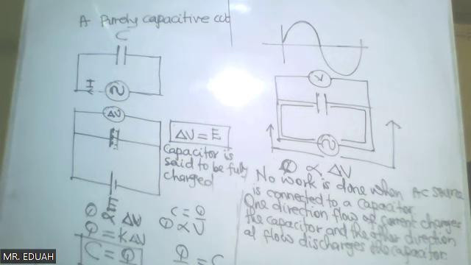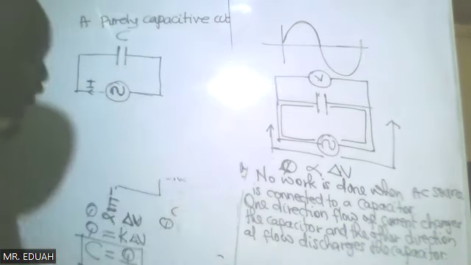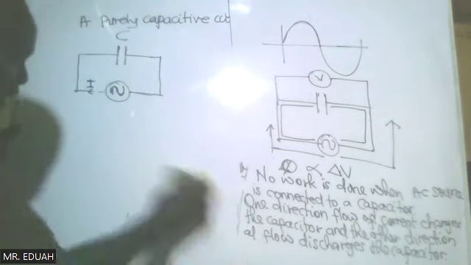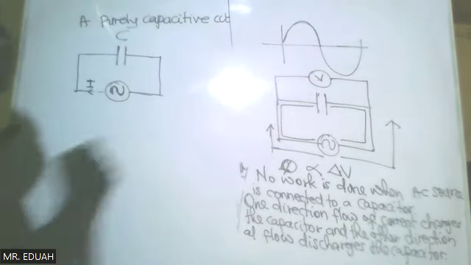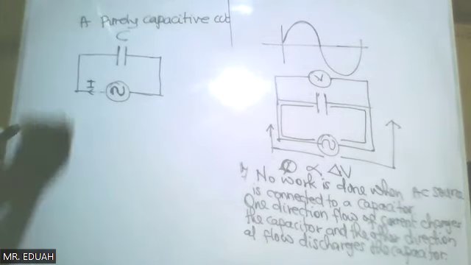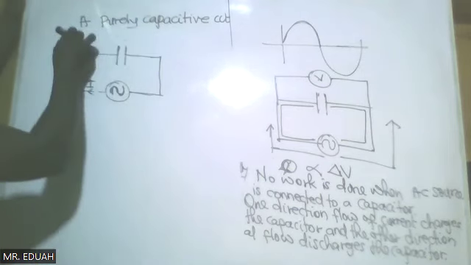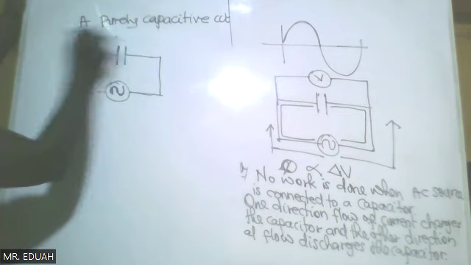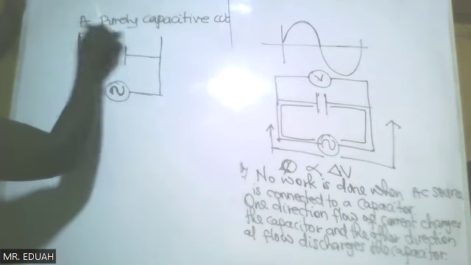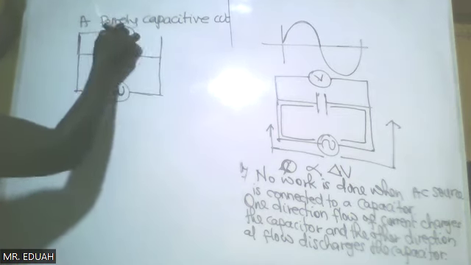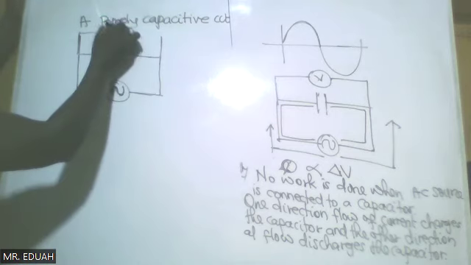We can show that by mathematical expression, but you don't need that, so I'm just giving that to you. When you connect AC to a capacitor, the current flow would actually lead the voltage drop across the capacitor. So this is the voltage drop across the capacitor, and we could determine that using a voltmeter.